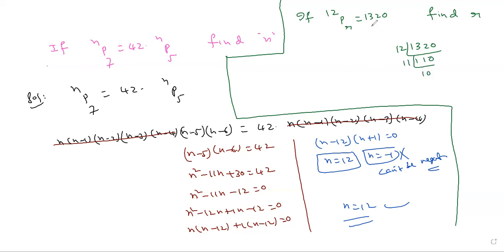I did the first question; they are asking it a little in reverse. So 12Pr equal to 1320 can be written as 12P3. Clearly, r is equal to 3. Just 2 lines, 1 line questions. Very, very easy.